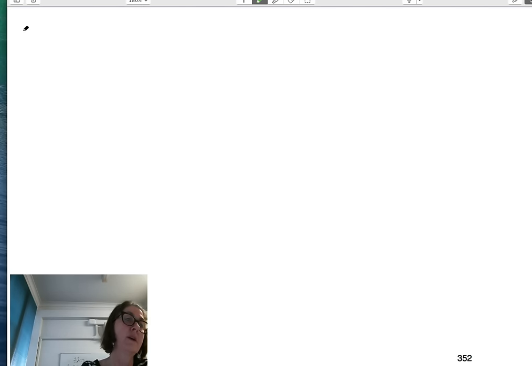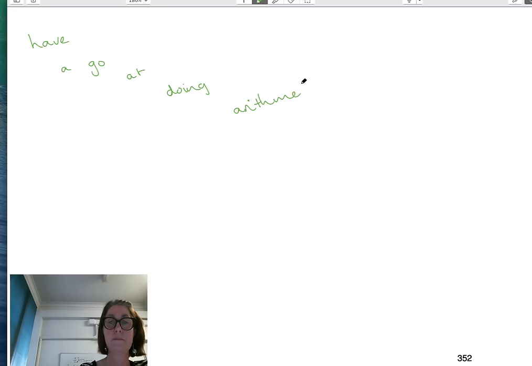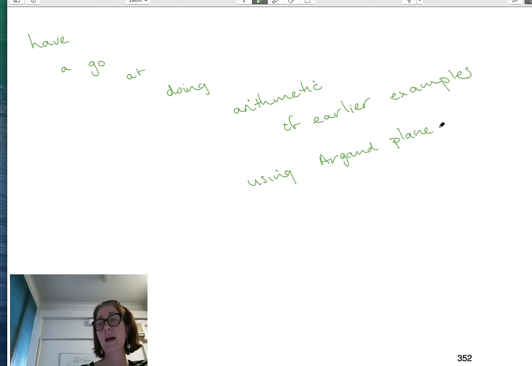So on this slide, have a go at doing the arithmetic of earlier examples using the Argand plane. So do the addition and scalar multiplication and subtraction geometrically in the plane, and we'll talk about that when we get back into class.